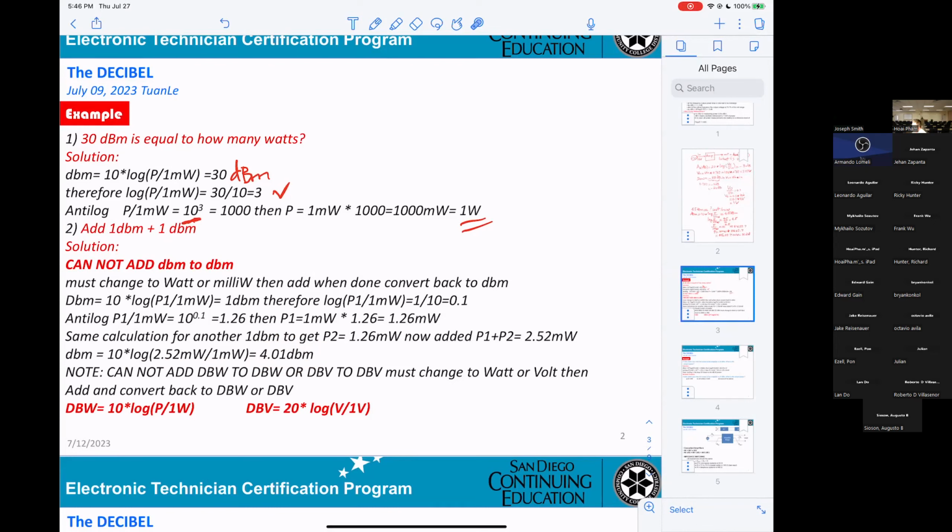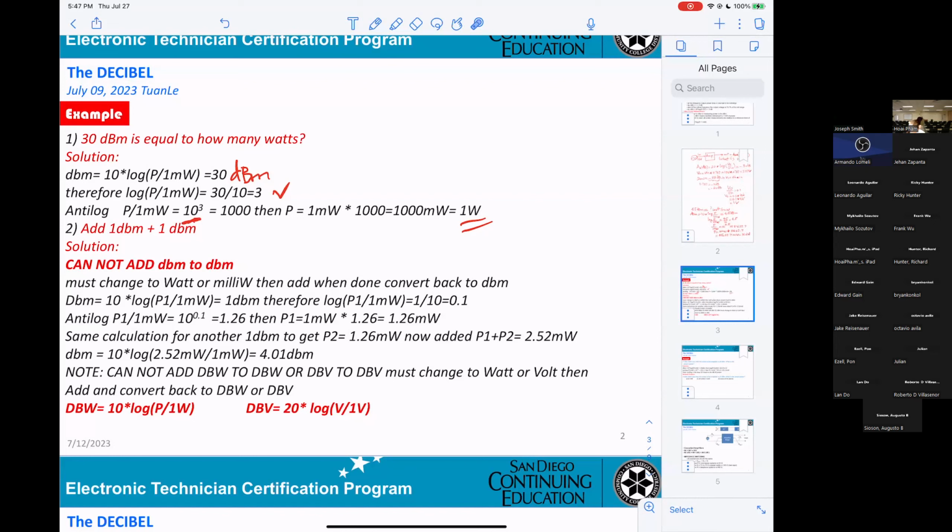So that is the same thing. Make sure you understand. You cannot add dBm to dBm. You must convert to milliwatt, kilowatt, or watt. Then you can add. However, after you add, you have to go back and convert it into dBm.